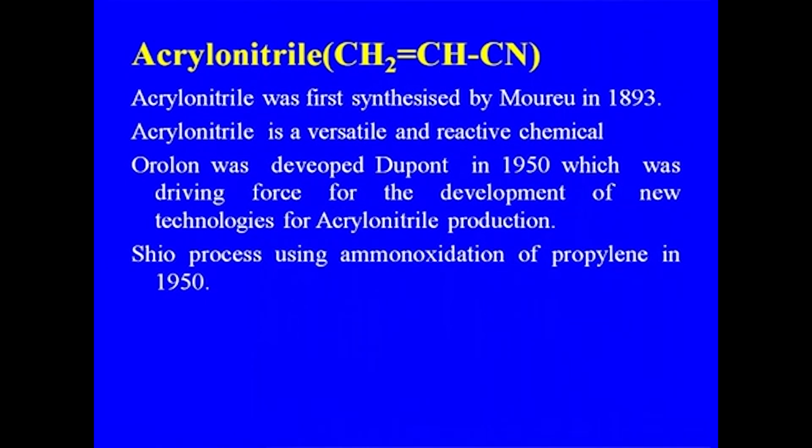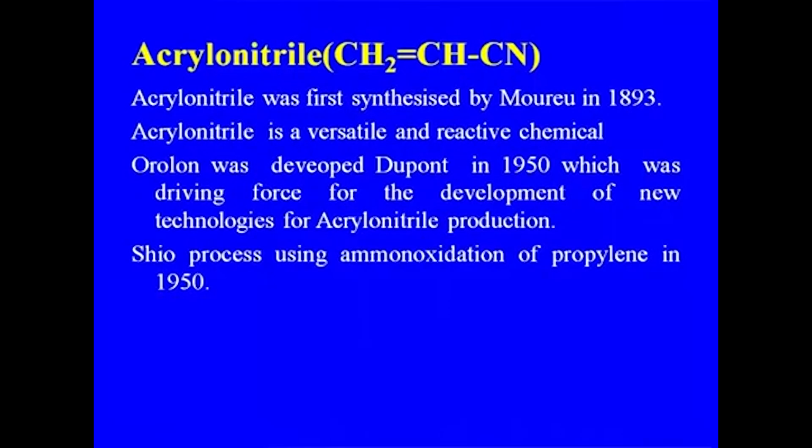Orlon was developed in 1950, which was the driving force for the development of new technology for acrylonitrile, because, as I told you, there has been continuous development in the process technology for the manufacture of acrylonitrile. The starting material was acetylene, as in the case of other petrochemicals, before the petroleum route.